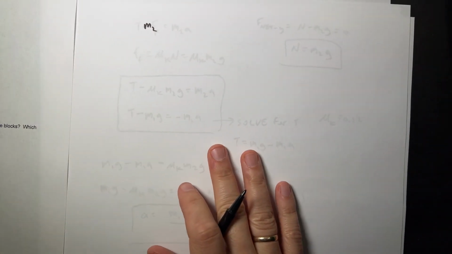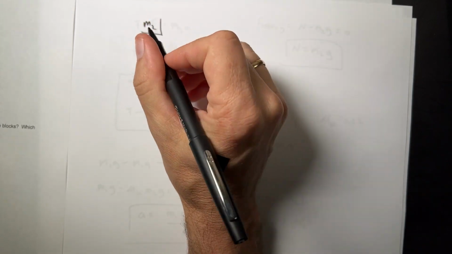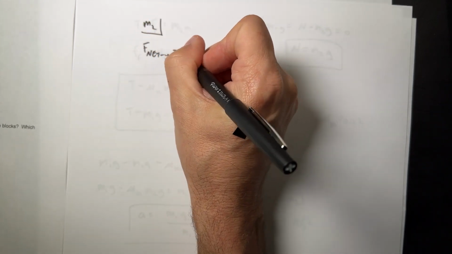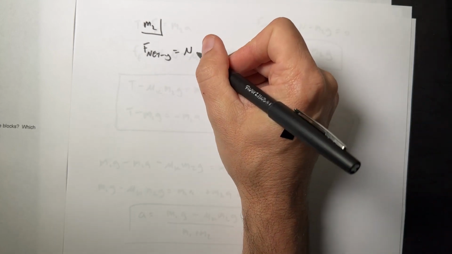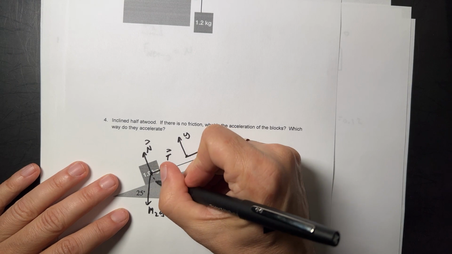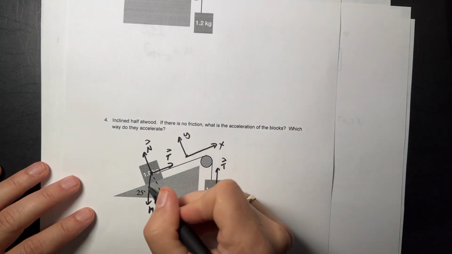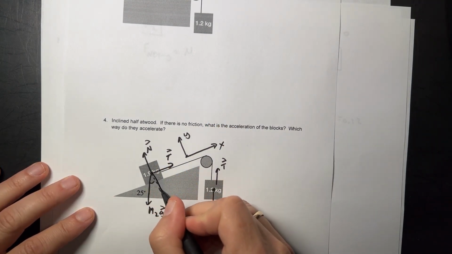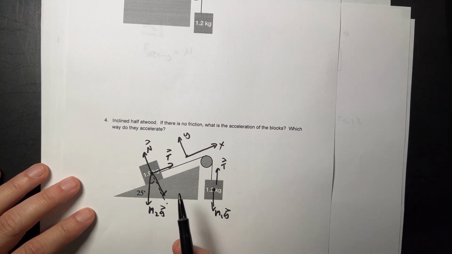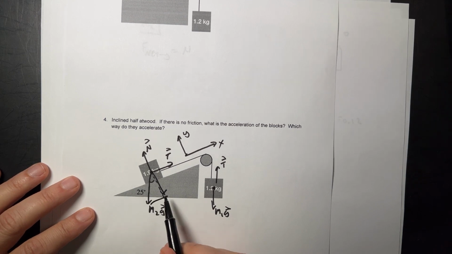So let's say mass 2, I have in the Y direction, F net Y is going to be N minus this component of the gravitational force. The gravitational force is not all in the Y direction. So if I look at this little triangle here, I'm looking at the adjacent side.